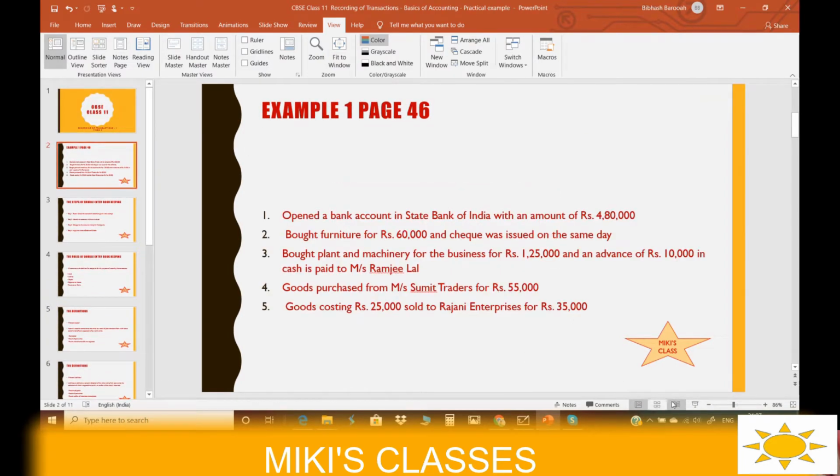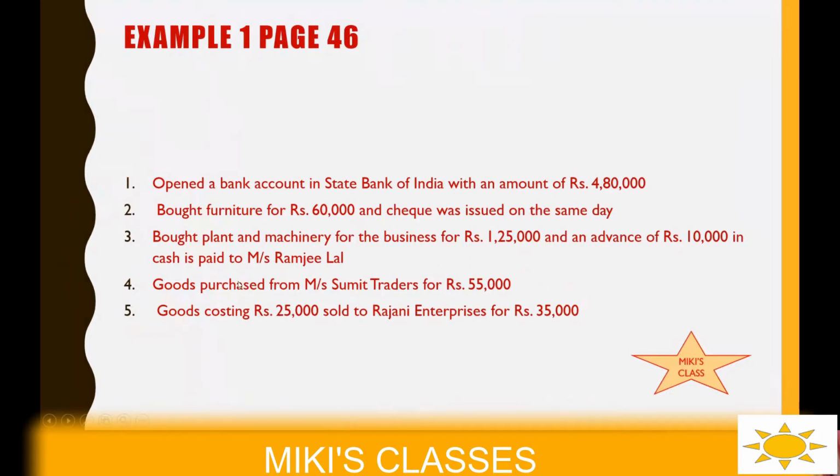Step number 3. What has happened here? So the business has now bought plant and machinery for the business for rupees 1,25,000 and an advance of rupees 10,000 in cash is paid. So the business has bought plant and machinery by paying some cash.